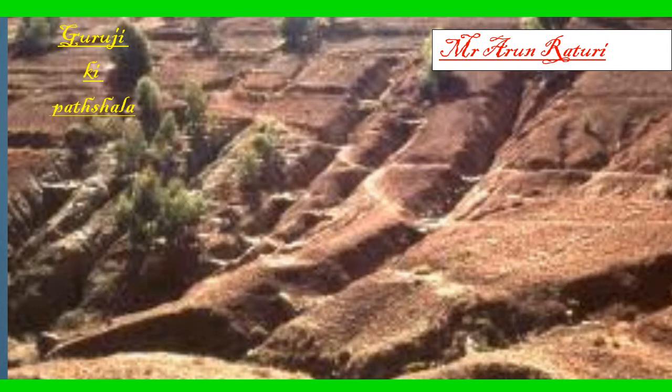And the next step of soil erosion by water is gully erosion. When the soil erosion keeps on going, it makes deep drains. You can see in this picture, this type of soil erosion is called gully erosion.